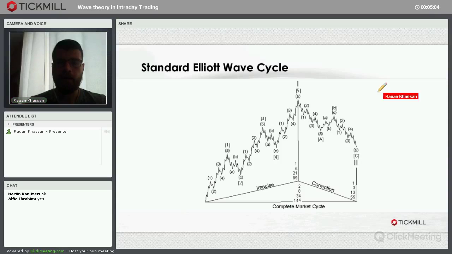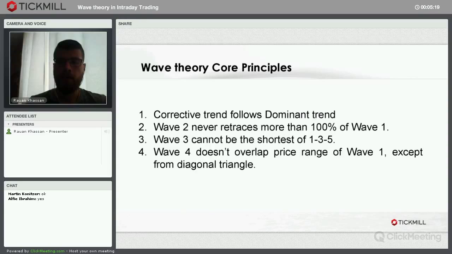In general, the price movement is divided into two pieces. The first one is the impulsive trend and the correction trend.